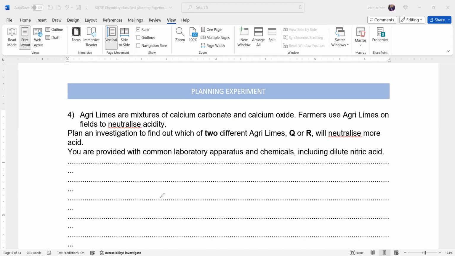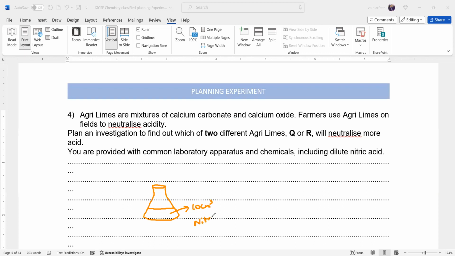So what we can do, we can take a conical flask. First, I'll mention how it can be done, and then I'll mention the points as well. So first, we take a conical flask, and this conical flask is filled with, say, 10 cm cube of nitric acid.